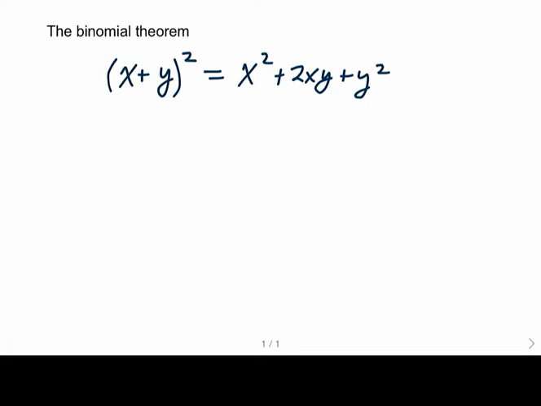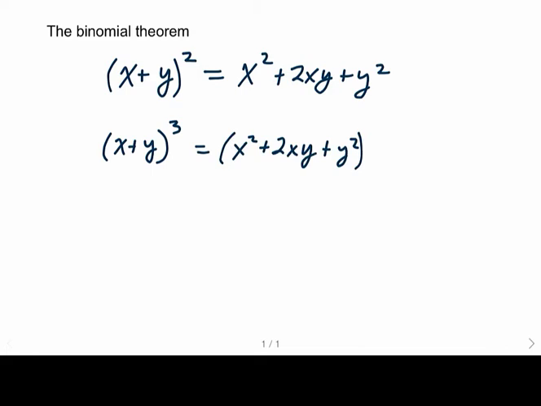If we start to consider something like x plus y, the quantity cubed, though, then the process, we could do it. We would multiply x plus y the quantity squared, expand that out as we just did, and multiply by another factor of x plus y.